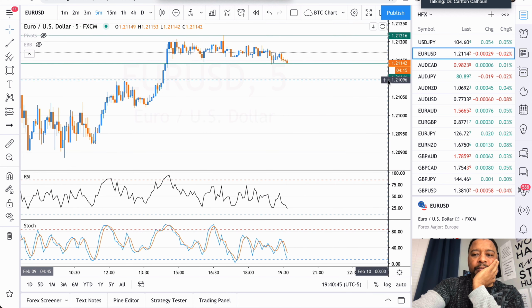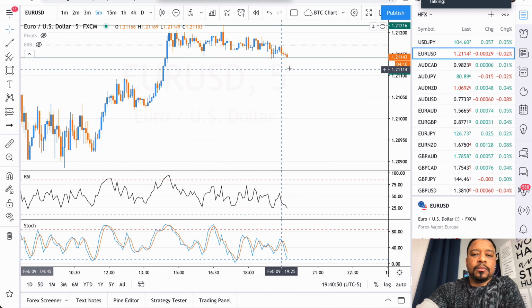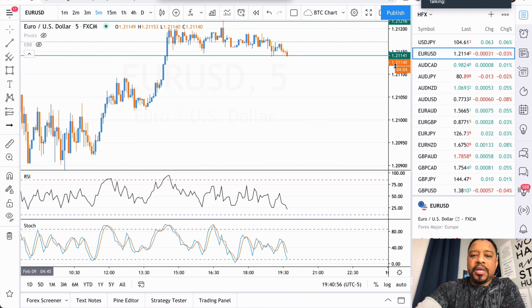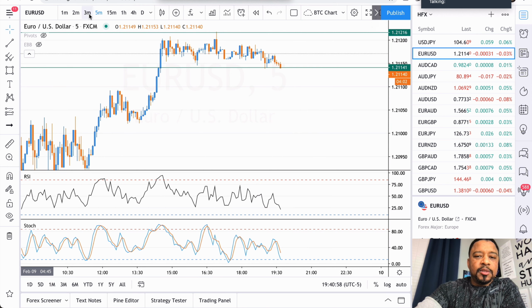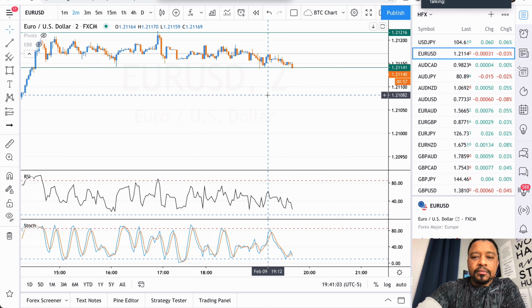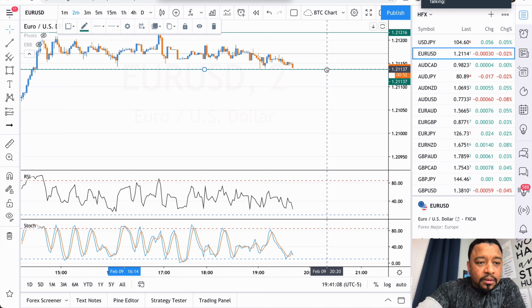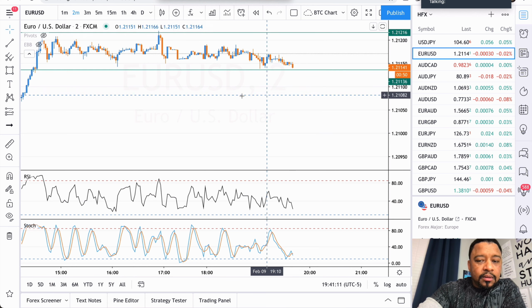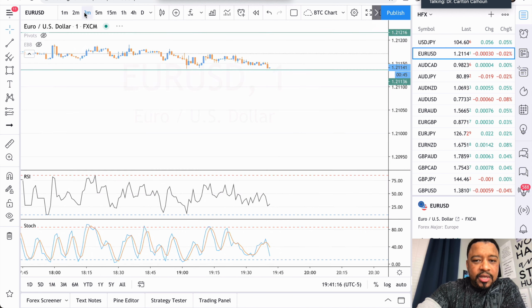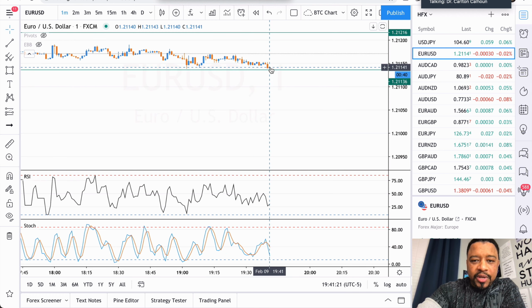There it is. It's peaking. It's peaking. So, right here. See that wick that you see here? If you go down to the 1 minute, you see a blue candle.